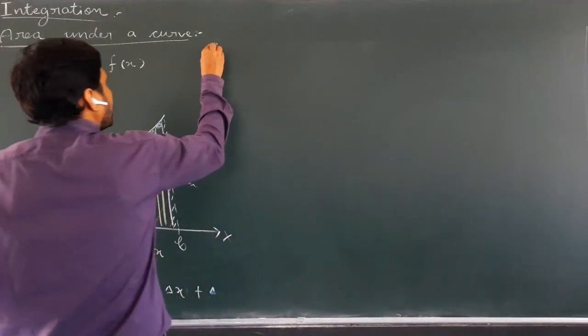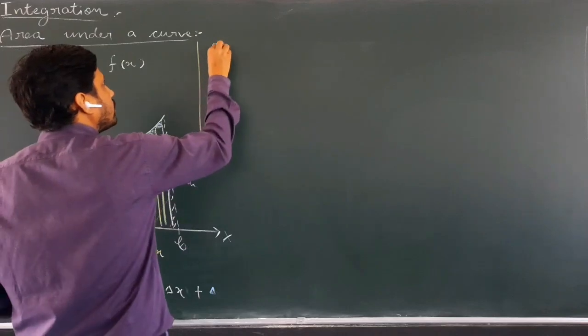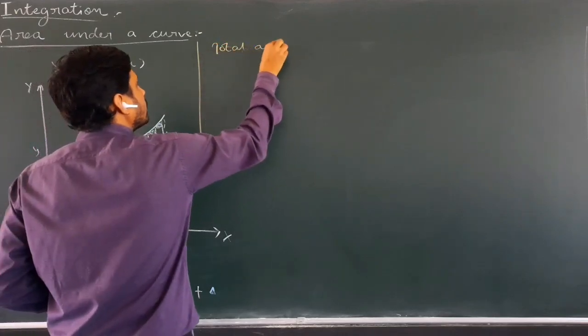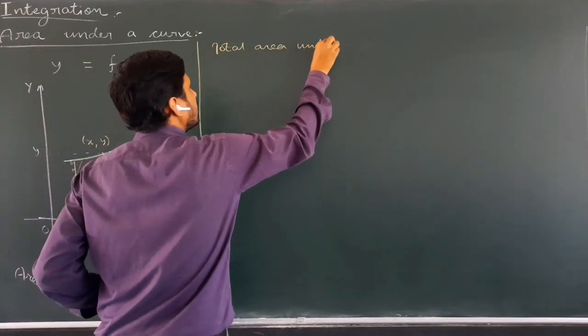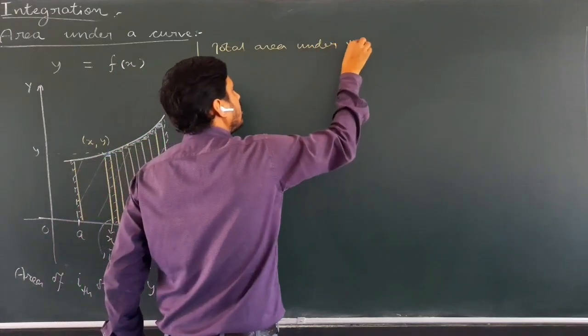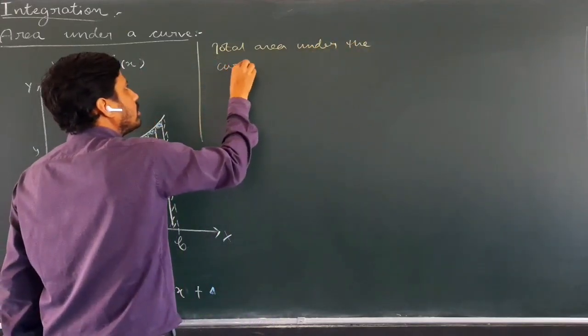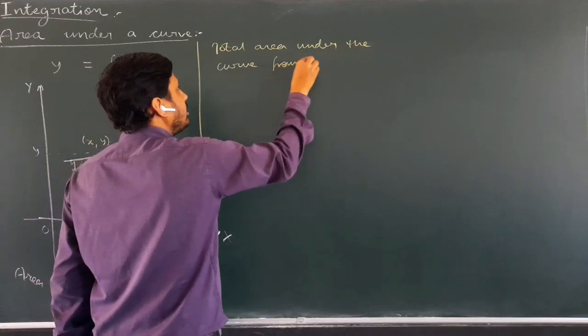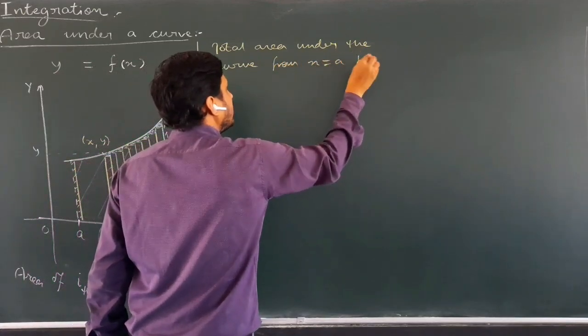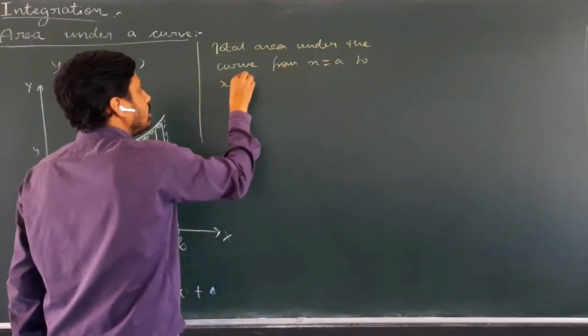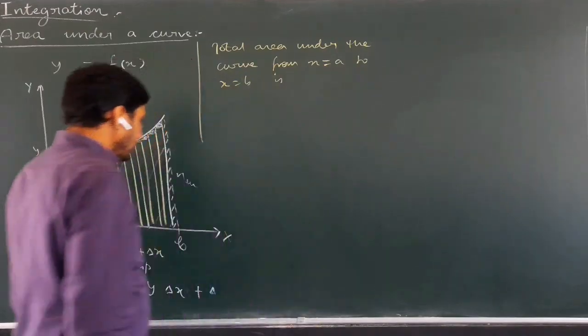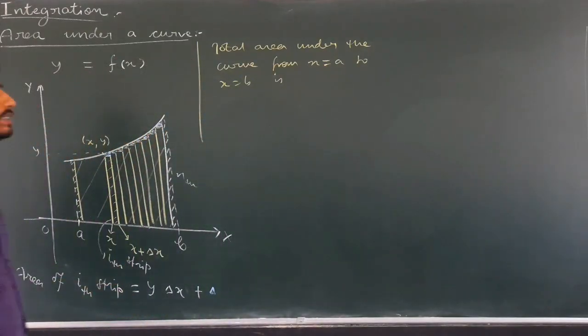So the total area under the curve from x is equal to a to x is equal to b is obtained by summation of this.